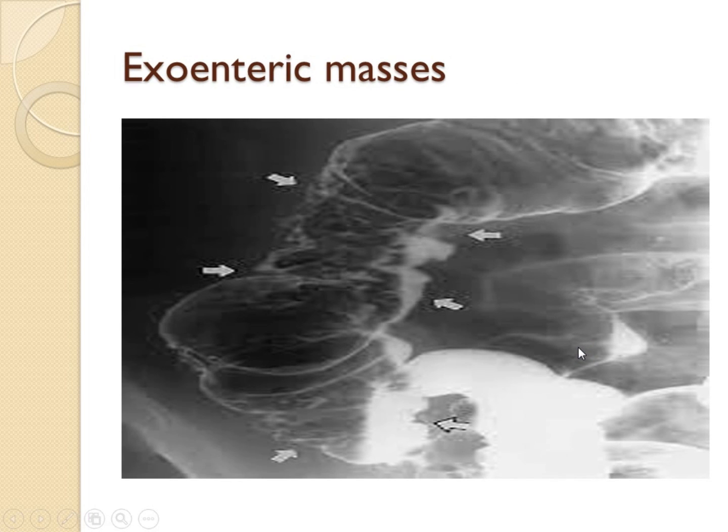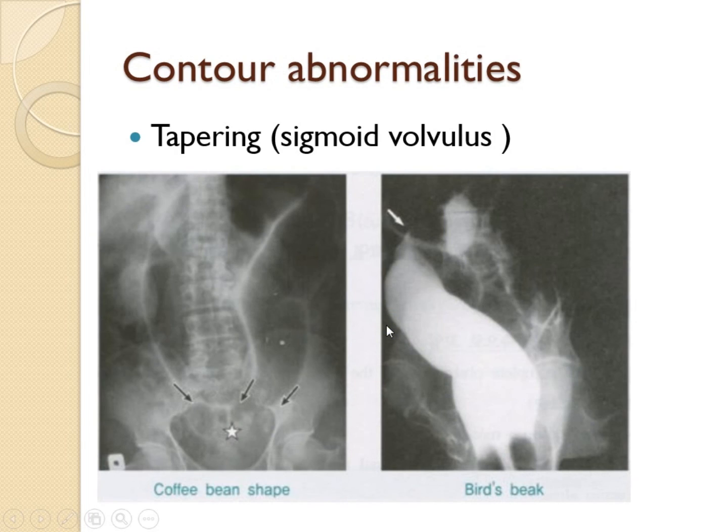Here there are extrinsic lesions on the outside of the colon that lead to pressure on the colon, as in cases of malignant melanoma, metastasis, lymphomas, and gastrointestinal stromal tumors. And we have tapering. Tapering is a shallow, smooth narrowing of the colon, as in the sigmoid region.